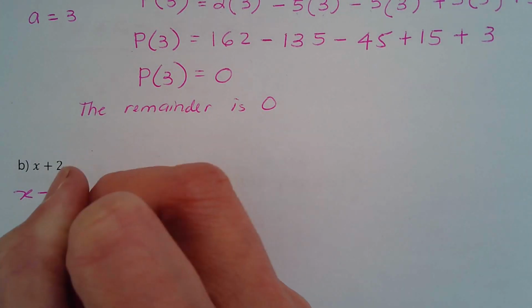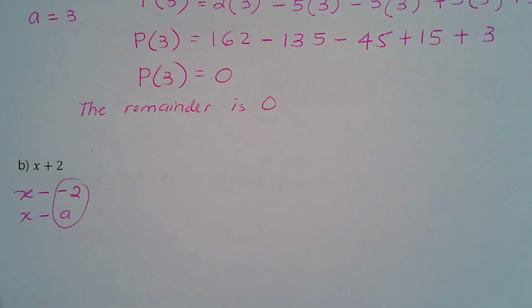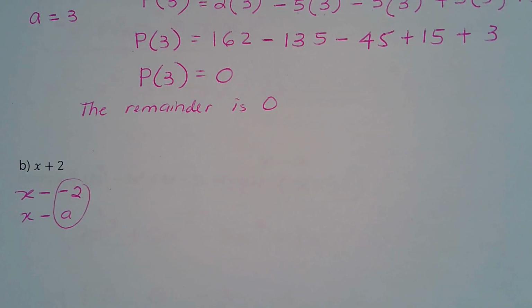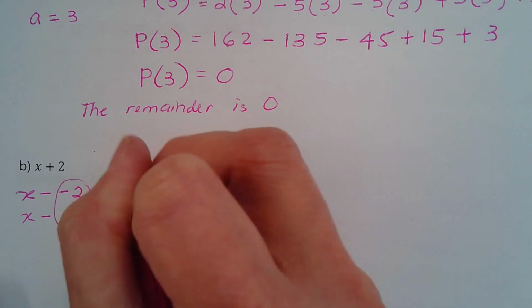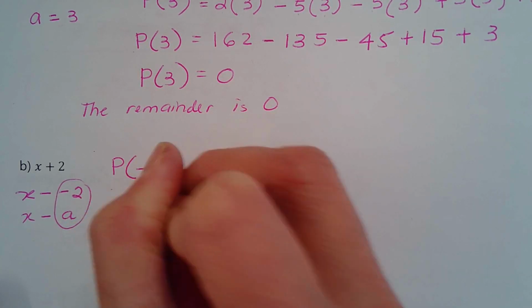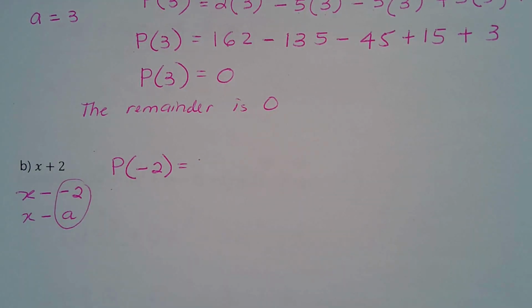So your a is negative 2. And one of your classmates told me, if I see a plus there, then it's going to be a minus. Yes. Okay, so let's do that. P of negative 2. So you want to give it a try? Do it on your own, and then we'll compare our answers.